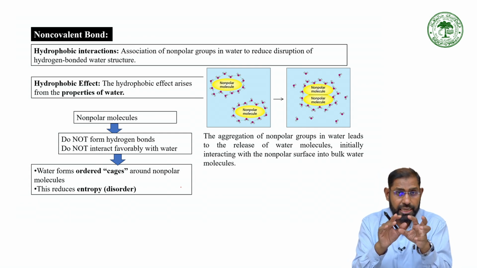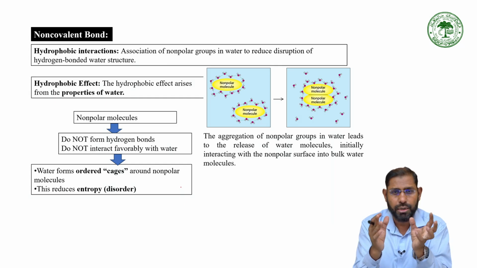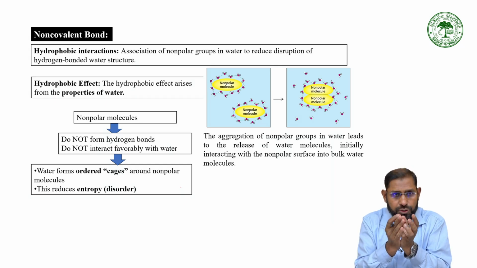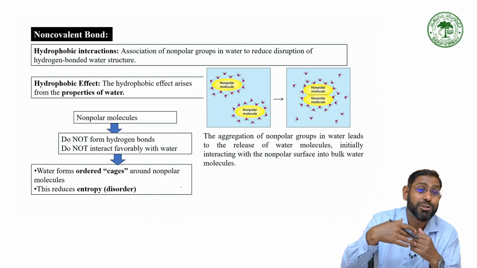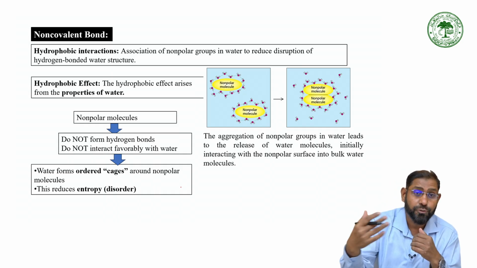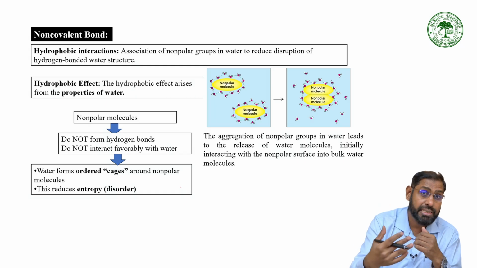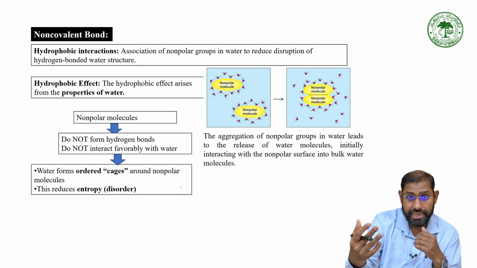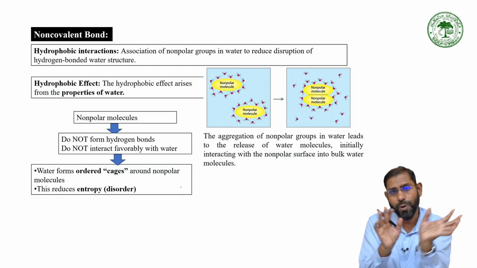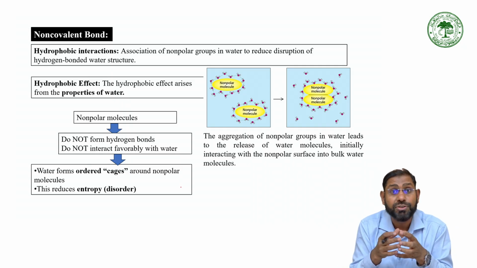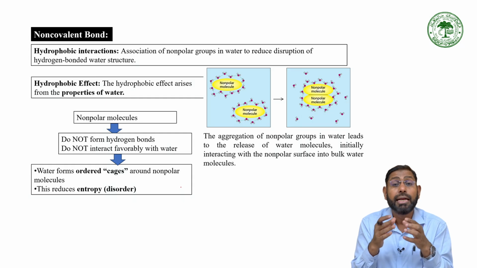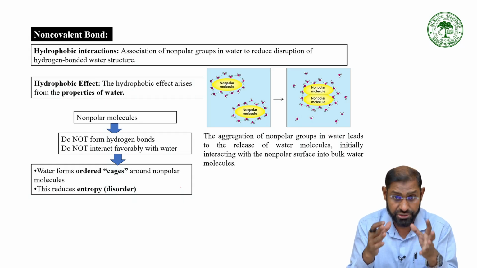Hydro means water, phobic means fearing. Hydrophilic means close to water, but in this case it is hydrophobic, meaning avoiding water. So it is the association of non-polar groups in water to reduce the disruption of hydrogen-bonded structures.